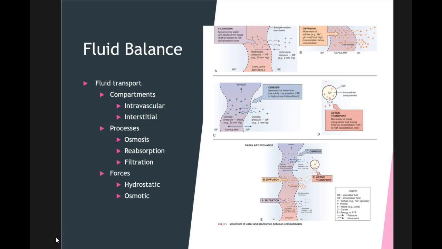Body fluid volume is regulated directly in the extracellular compartment and indirectly in the intracellular compartment by the kidneys. To maintain a constant level of body fluid, the amount of water entering the body should always equal the amount of water leaving the body.